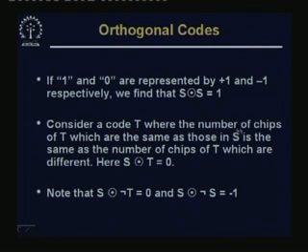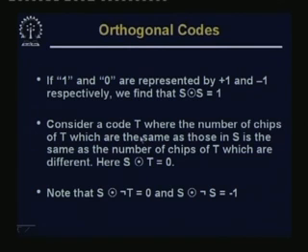Consider a code T where the number of chips of T which are the same as those in S is the same as the number of chips of T which are different. The corresponding chips, when multiplied together, will give you so many ones.